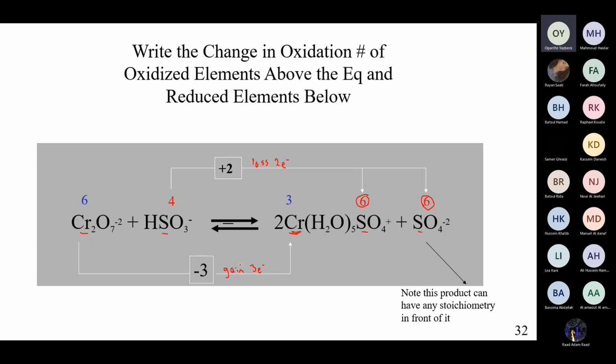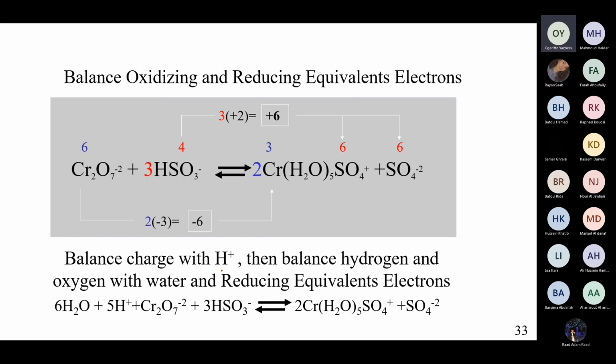So I must multiply this bottom by 2 to get the overall number of electrons that must be gained. So this must gain 6 electrons in order for the reaction to take place. And so minus 6, gaining 6 electrons.